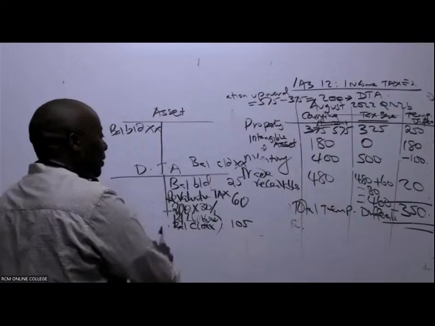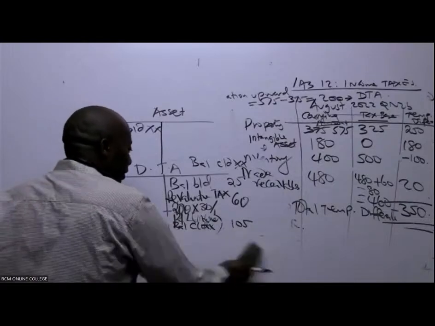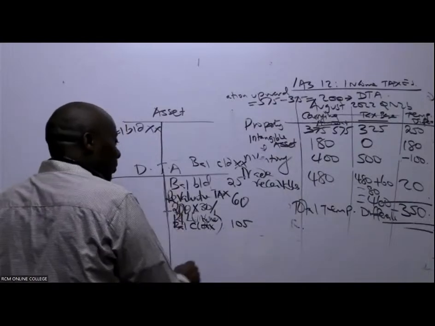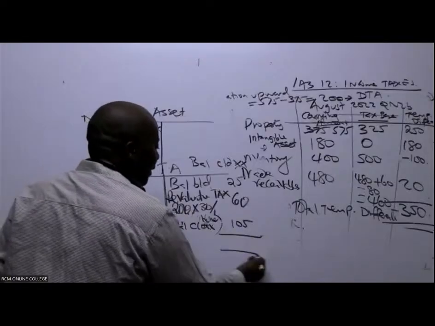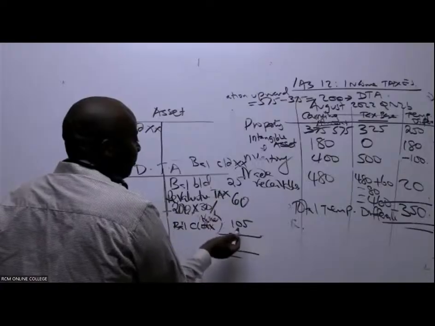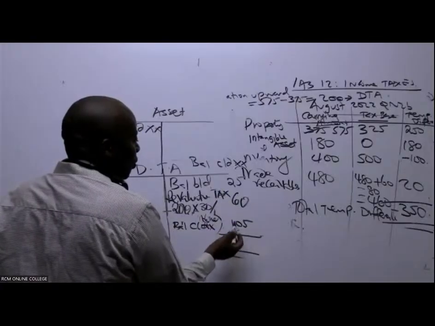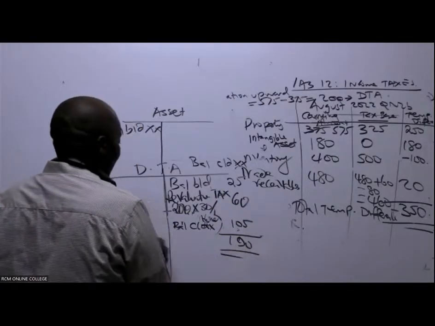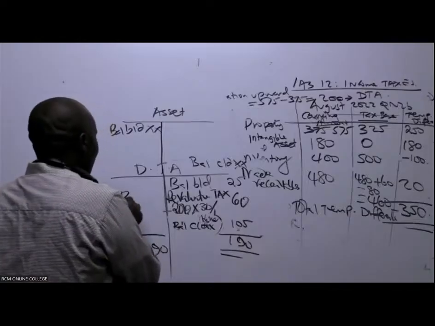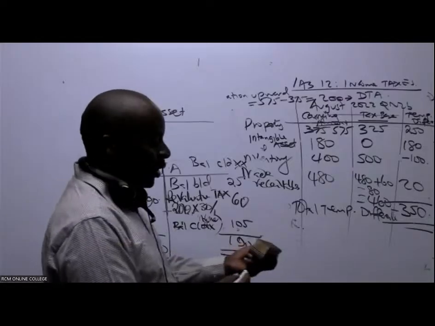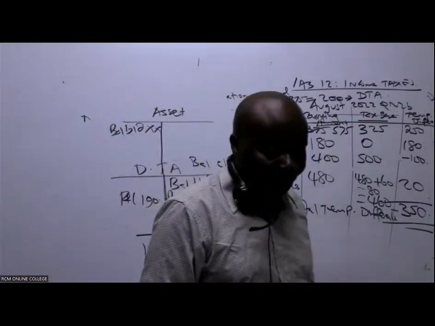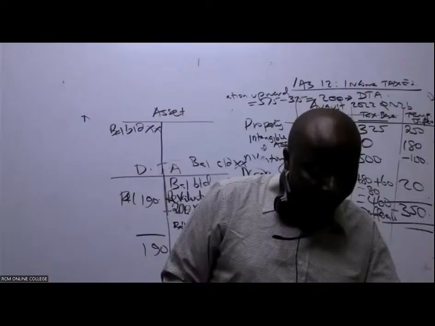It looks funny to have balance brought down and balance carried down on the same side, but there is no problem. You simply come and balance this. So the P&L will not come here. You'll give me the total here, which will be 190. And then now you have the entire P&L here as an income. The P&L will go in as an income.